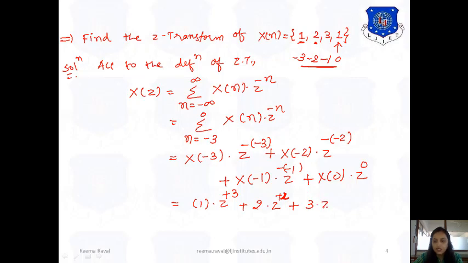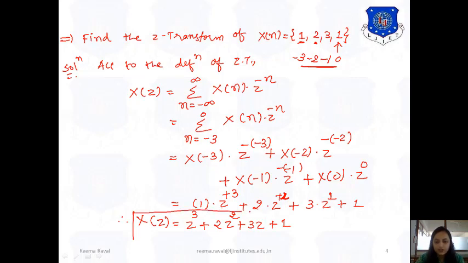So that is 3 into z raised to plus 1, and the last, x of 0 is 1 and z raised to 0 is 1. So now you can say that X of z equals z raised to 3 plus 2z square plus 3z plus 1. So this is the Z transform of the sequence given to you.